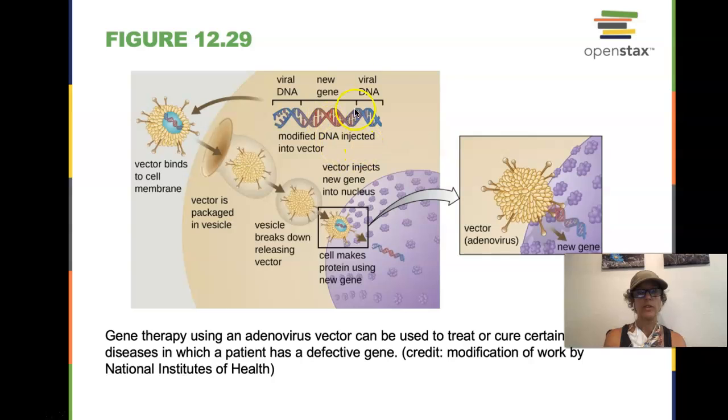We have the DNA that has the good or healthy gene in it that we can clone into viral DNA and insert that into a viral vector that can enter into the cell, and then the recombinant viral genome will enter the nucleus of the host cell and try to incorporate and get copies of it made to try to treat patients that have genetic illnesses.